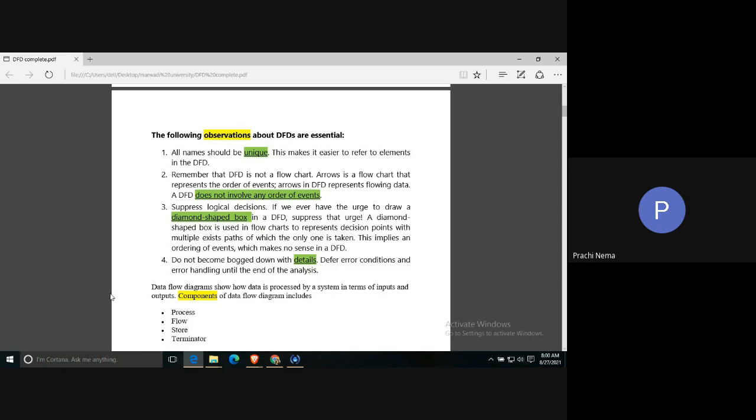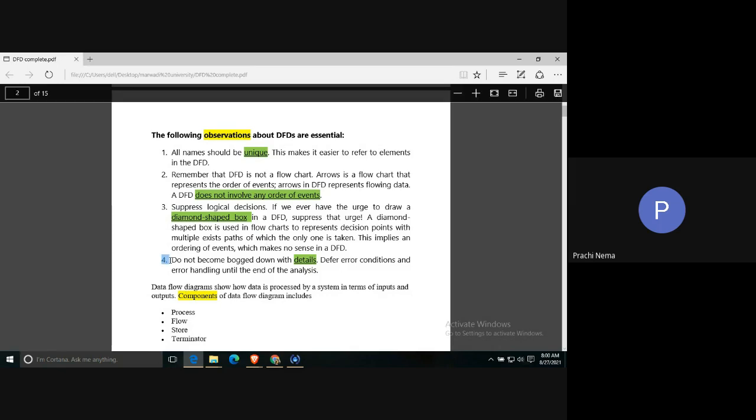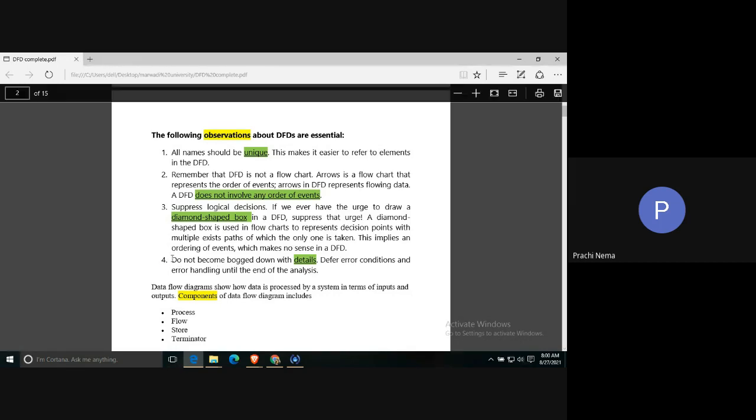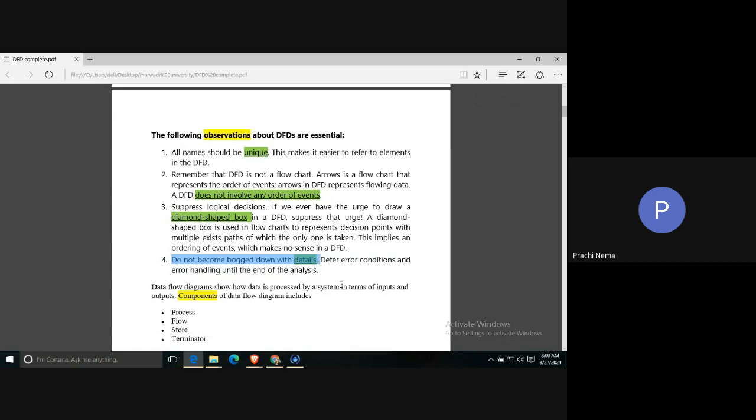The fourth observation is that you do not add unnecessary details. That is, do not become bogged down with details. Do not include unnecessary details in a DFD.